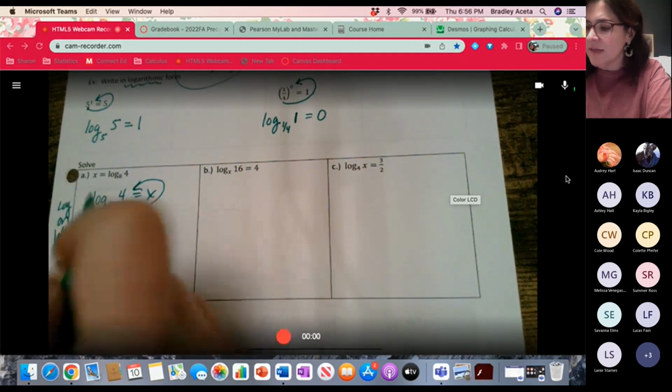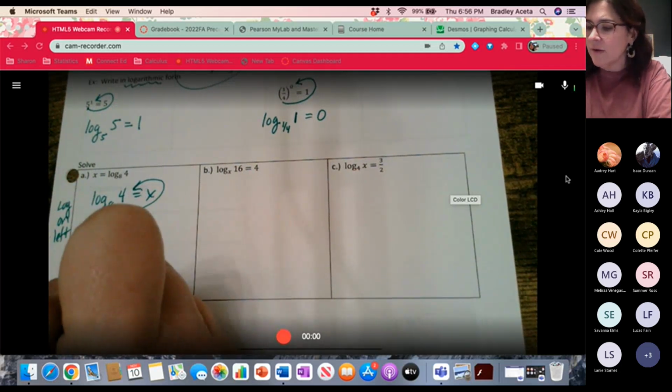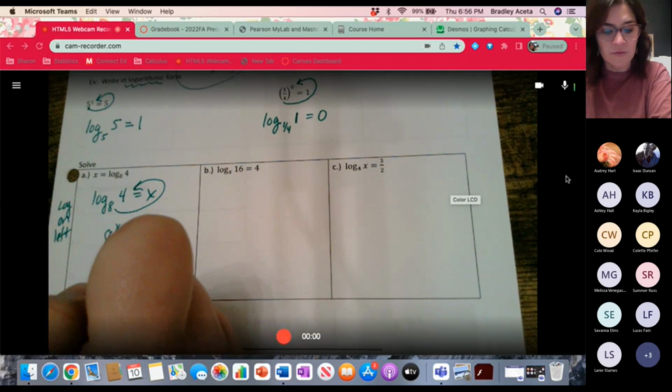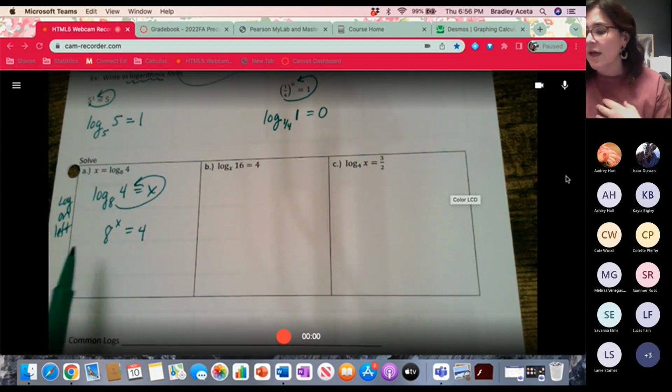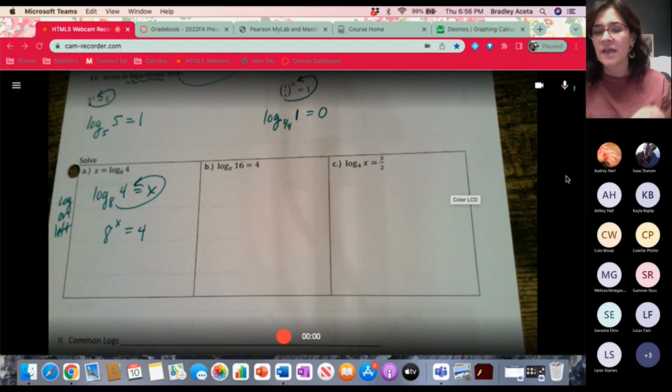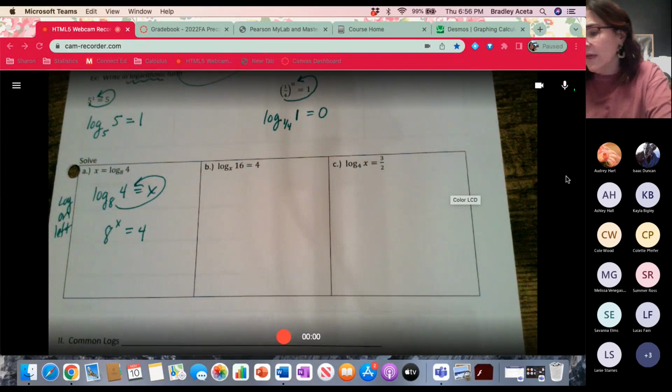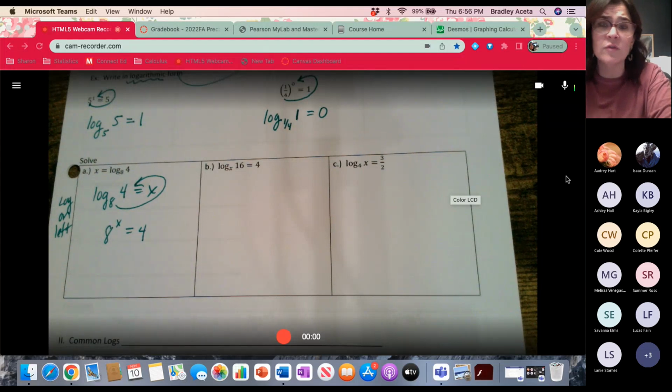So I take my base 8 and raise it to the power of x, and set it equal to 4. Now this is an exponential equation that I can solve, and that's what we learned in the last lesson. So how can I get these to be the same base? Well, I can make them both base 2, not base 4. 4 to the 1 power is 4, 4 to the 2 power is 16.